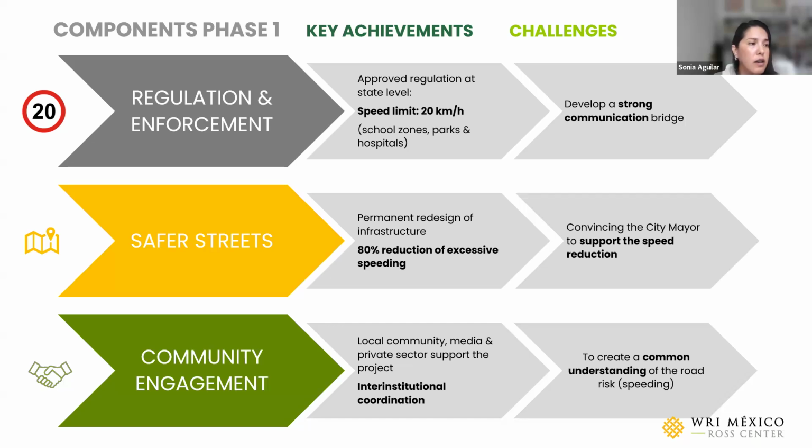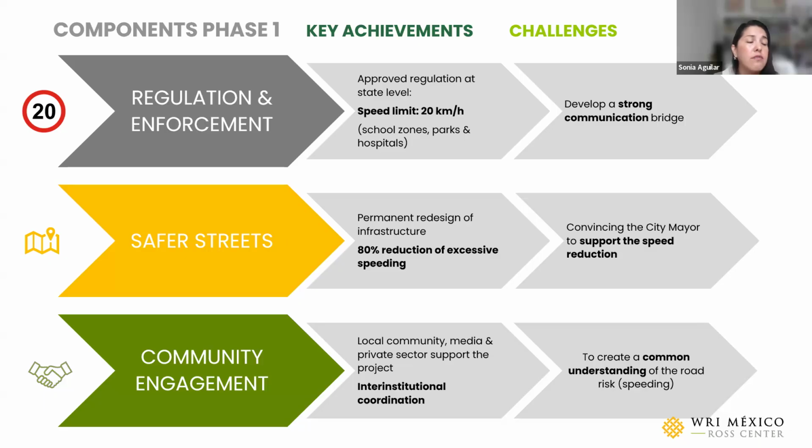This was quite a good win for all, because it was stated for the whole state, not only for this municipality. The main challenge here was to gain the support of the 10 different municipalities, because each one of them can define their speed limit.